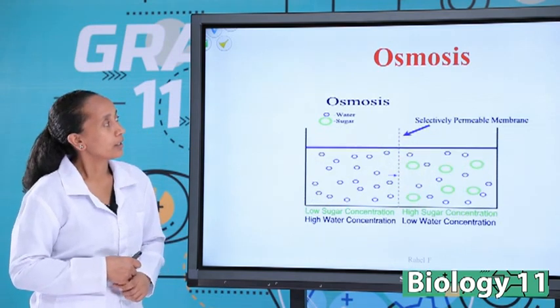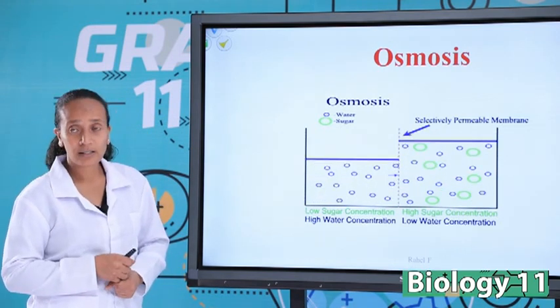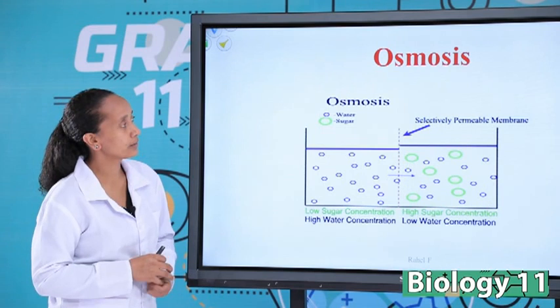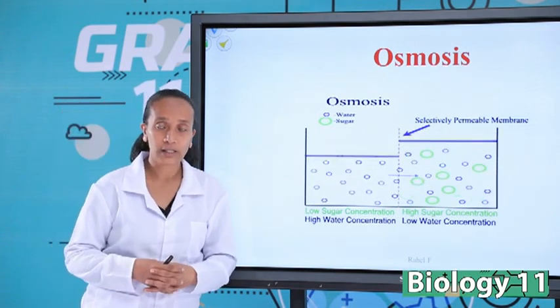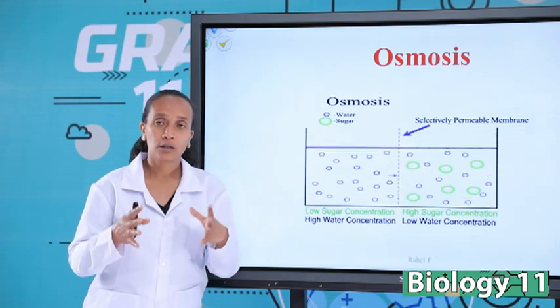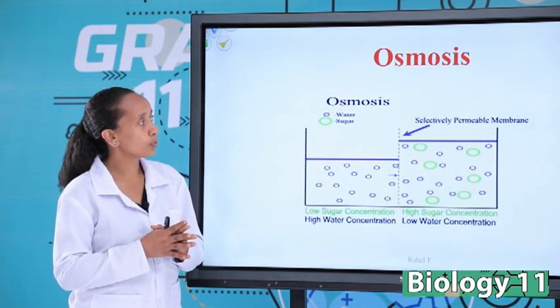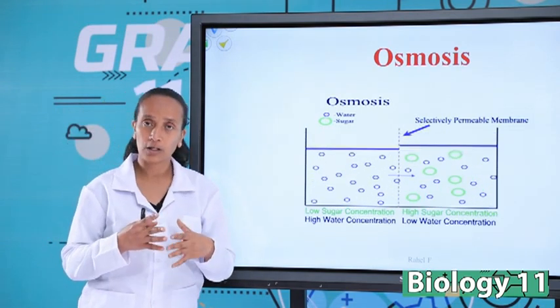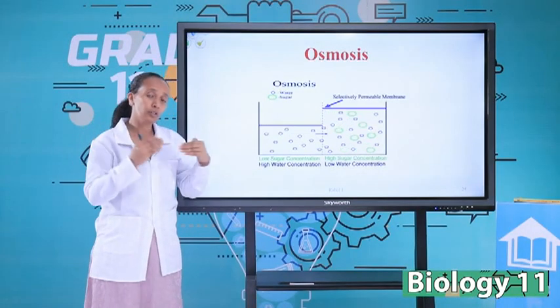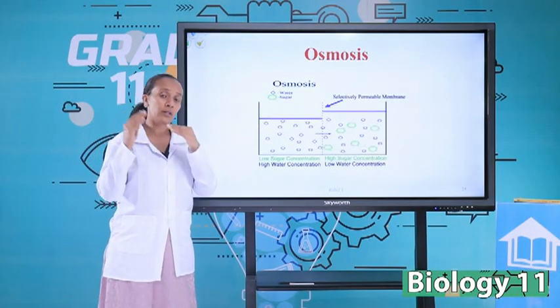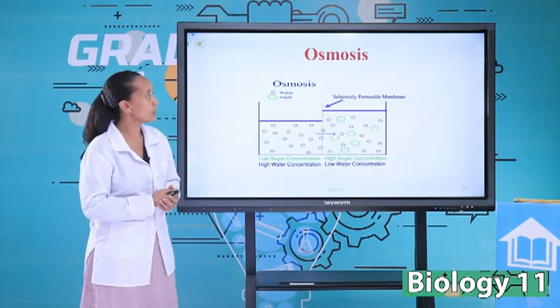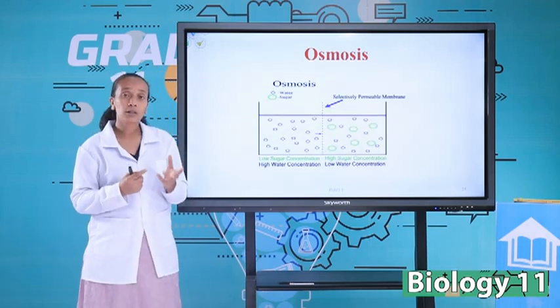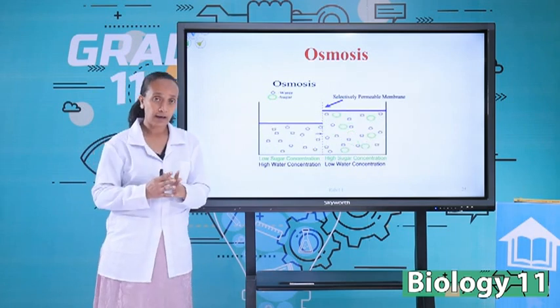Okay. In our previous class, if you remember, we started discussion on passive process, and we have seen that passive process is a type of transport in which particles move from high concentration to low, and in the absence of cellular energy, the process will proceed. And this process can be of three types.